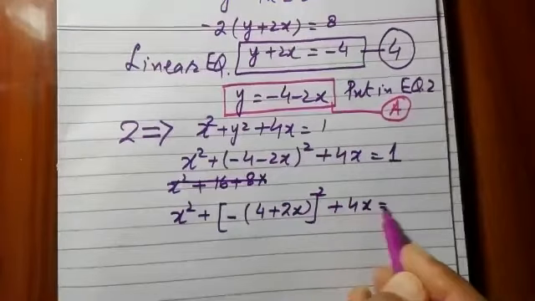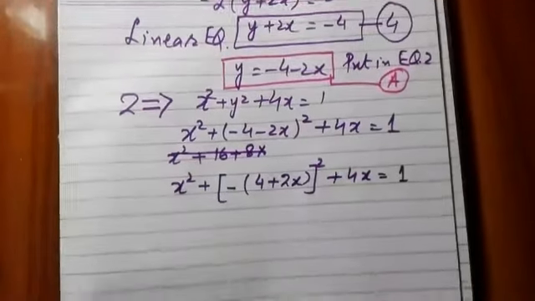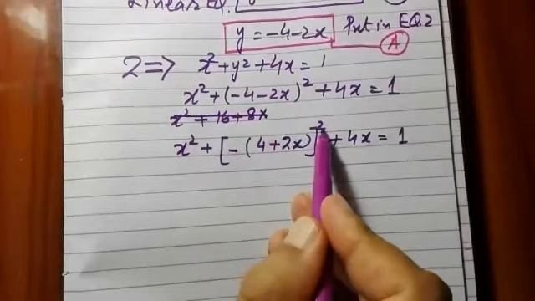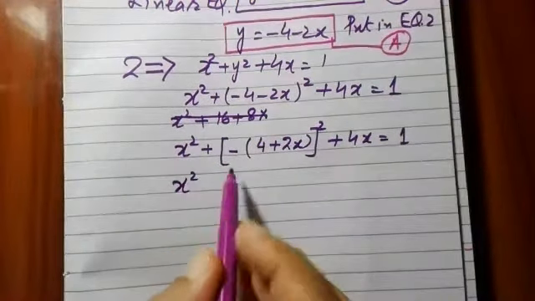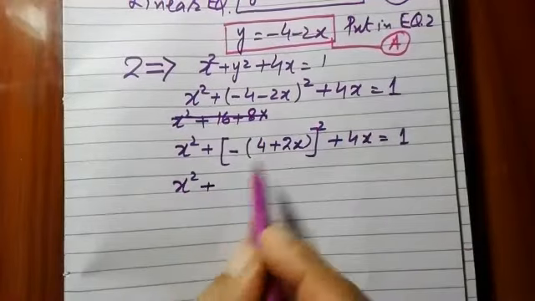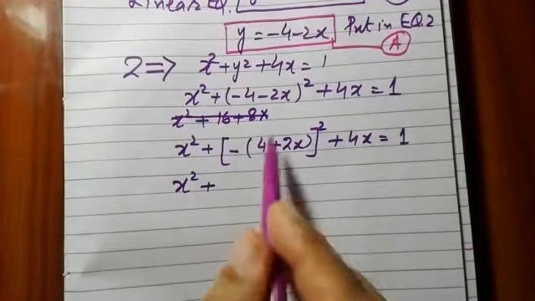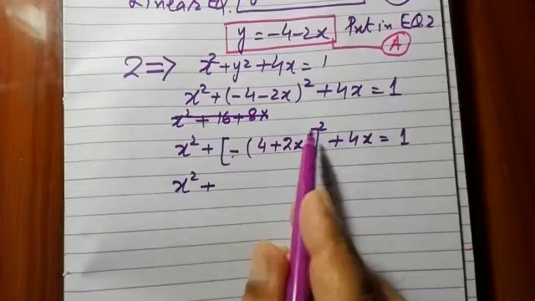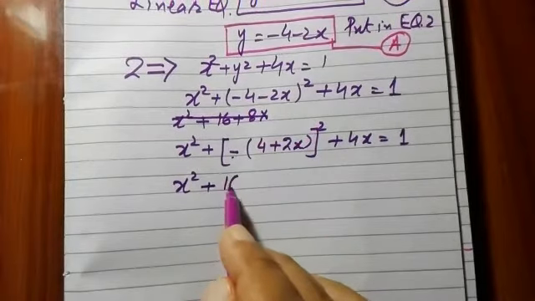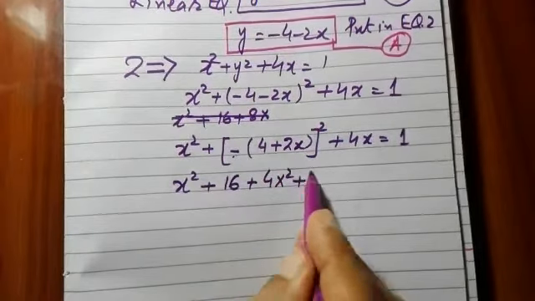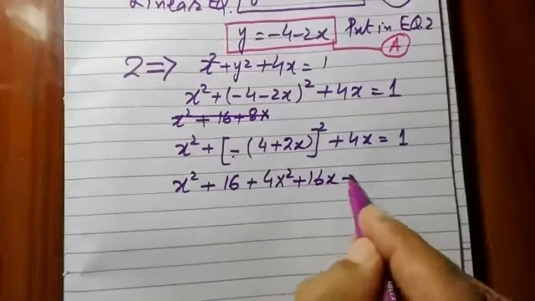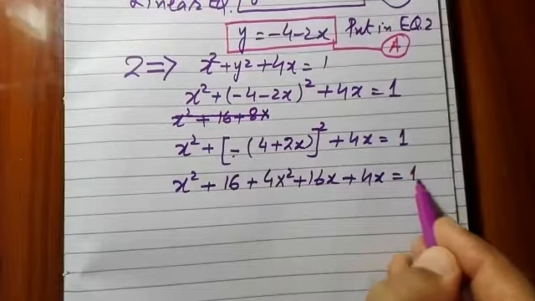Then you should expand the square, because a negative squared will become positive. All of these terms will become positive, because a negative square is always positive. So expansion will give you 16 plus 4x square plus 16x plus 4x equals to 1.